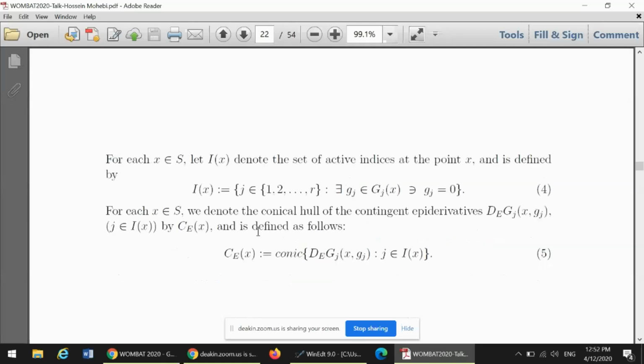And also we denote by Ix the set of active indices, defined by this set. Also, we denote the conical hull of the cotangent epiderivatives of Gj, the constraint function, by Ce of x, defined by this equality.